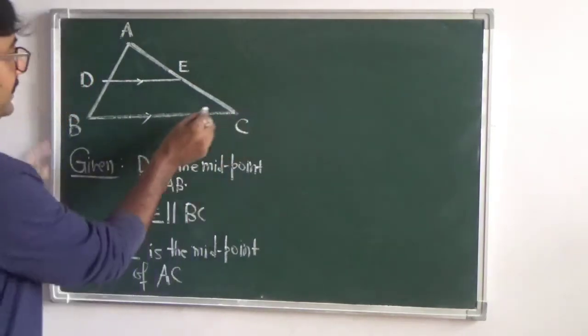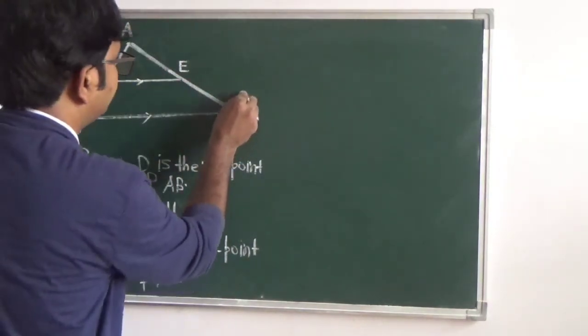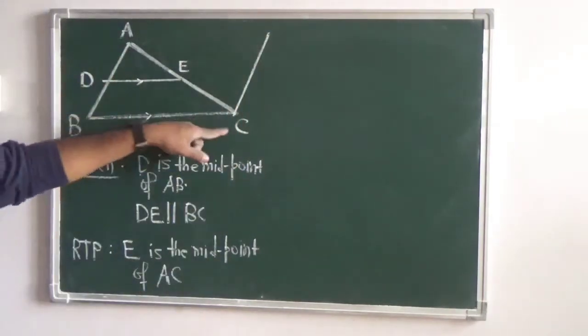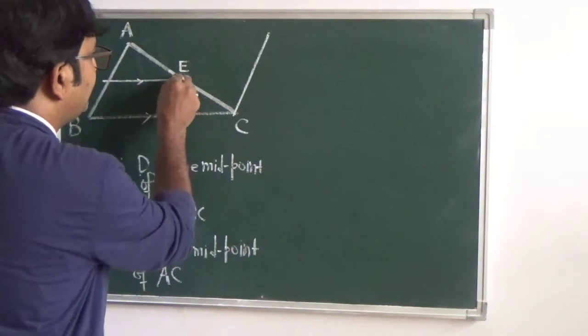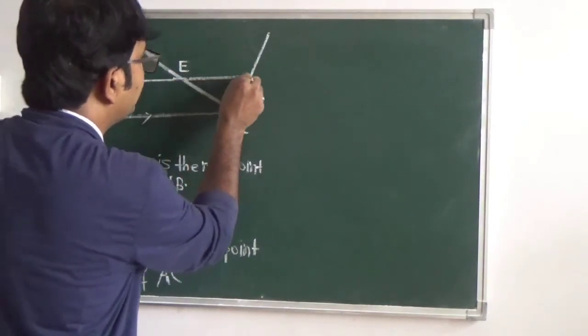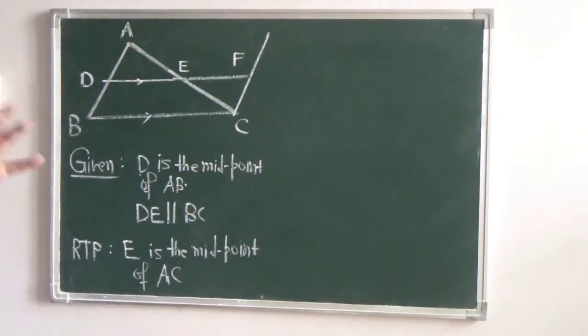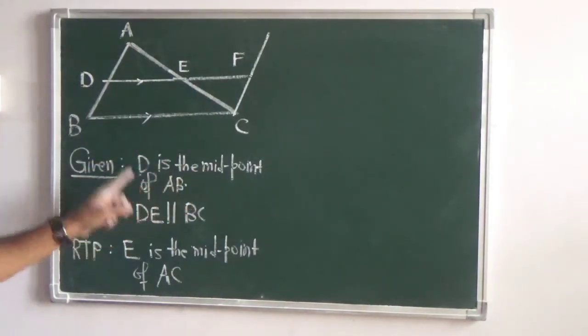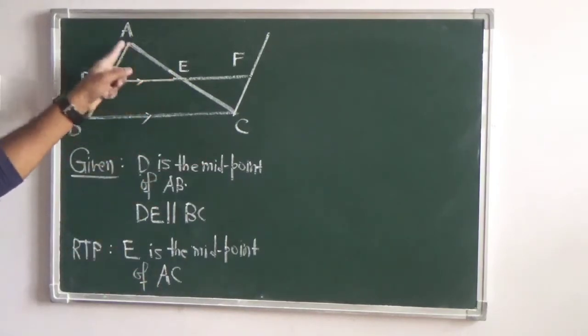From C we draw a line parallel to this, and we extend it, suppose this is F. So what information is available here: D is the midpoint of AB and DE is parallel to BC. We have to prove that E is the midpoint of AC.